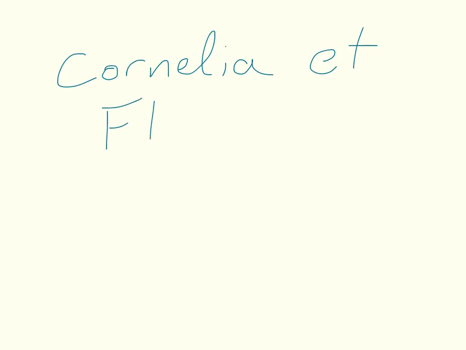What's a little bit tricky about this is that sometimes you need to pluralize things on both sides of that linking verb. So, for instance, we had Cornelia est puella. What if we had Cornelia et Flavia?